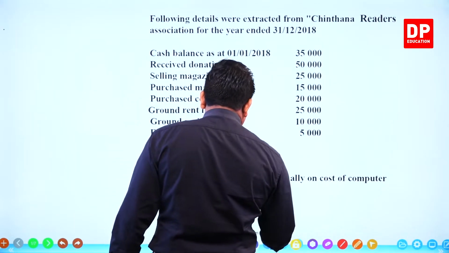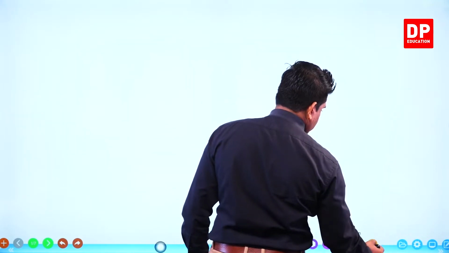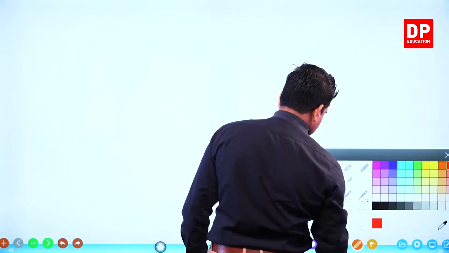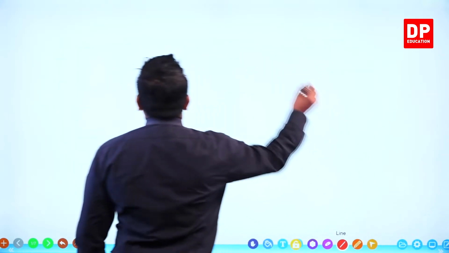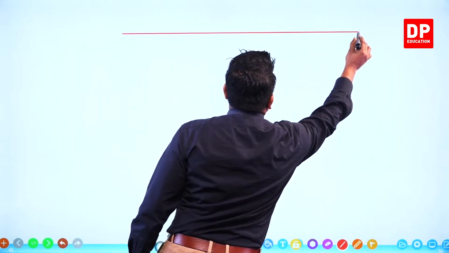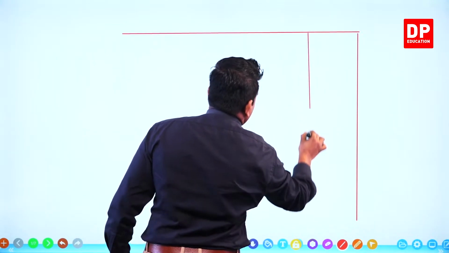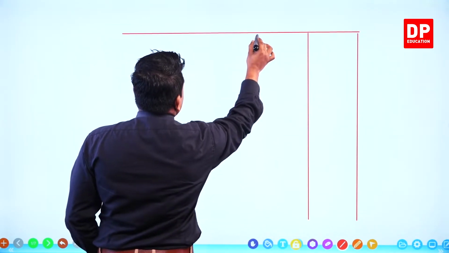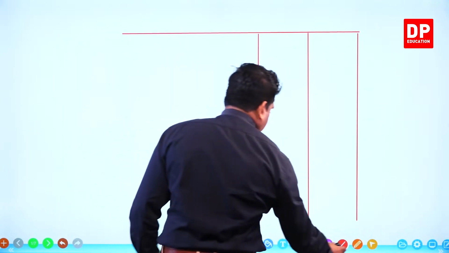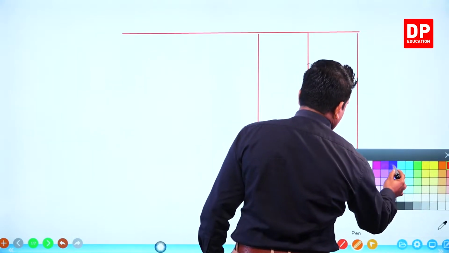Now we'll move to the format. There are two columns. On the top of the income statement, you write what?